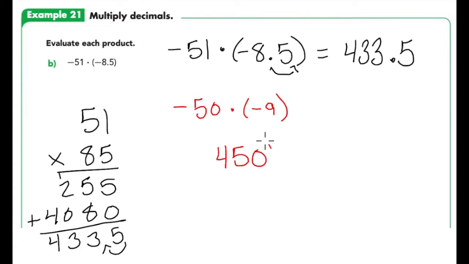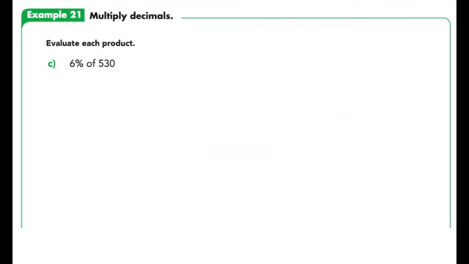So a quick estimate shows that our answer should be around 450, and if we notice here, 433.5 or 433 and 5 tenths is pretty close to 450. So our estimate shows that our actual answer is close to where it should be, and our actual answer is 433 and 5 tenths.